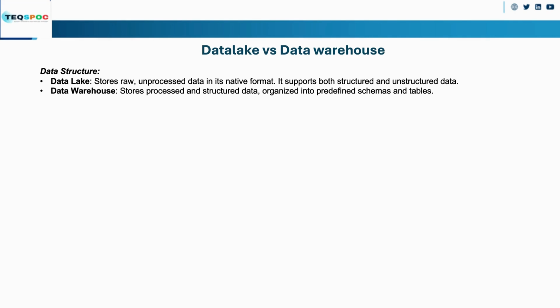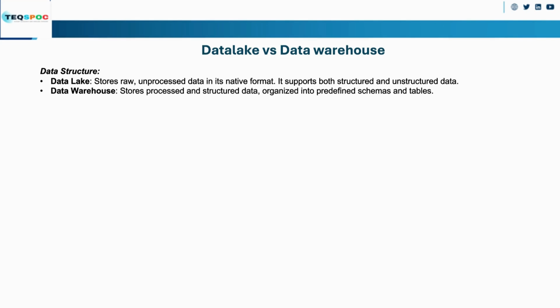So just highlight this: native format means whatever raw file is coming in, we can simply put it in without having to worry about its format, its schema, its structure, or anything for that matter. We can simply put the data and that's it. No need to worry about anything.